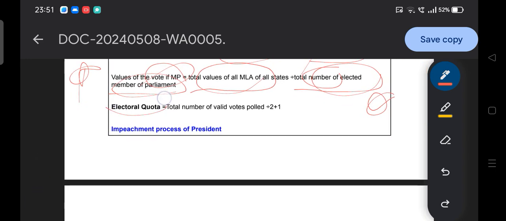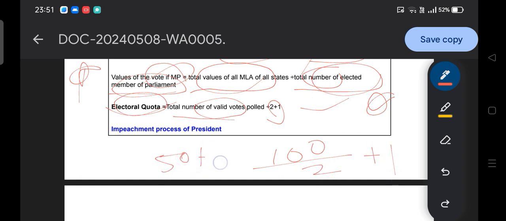Then the electoral quota for the president: the total number of valid votes polled, divided by 2, plus 1. For example, if the total number of valid votes is 100, divide by 2 and add 1, that is 50 plus 1, which is 51.